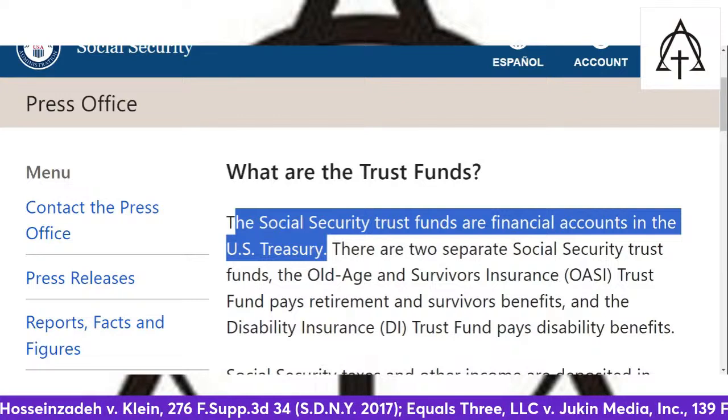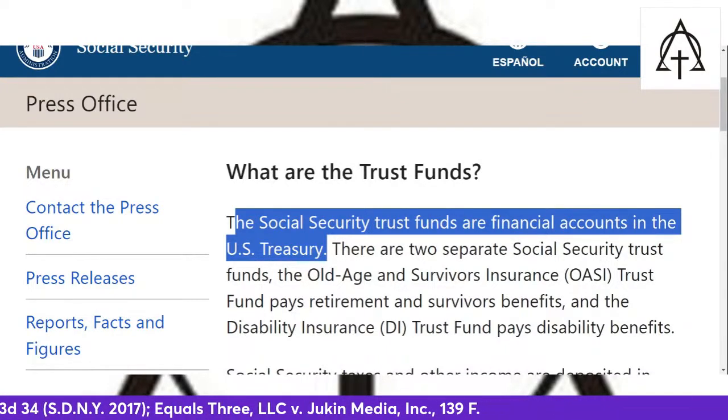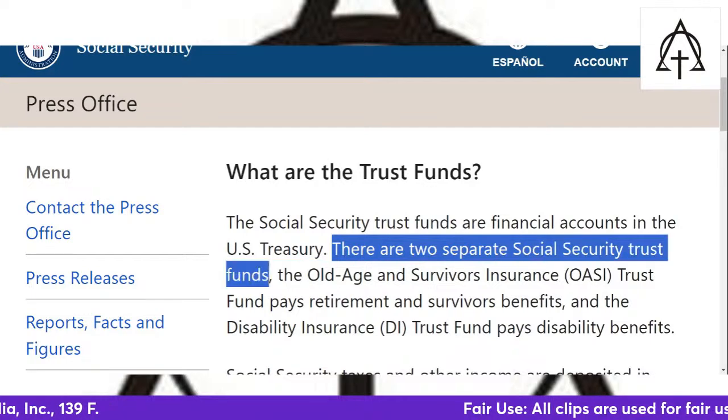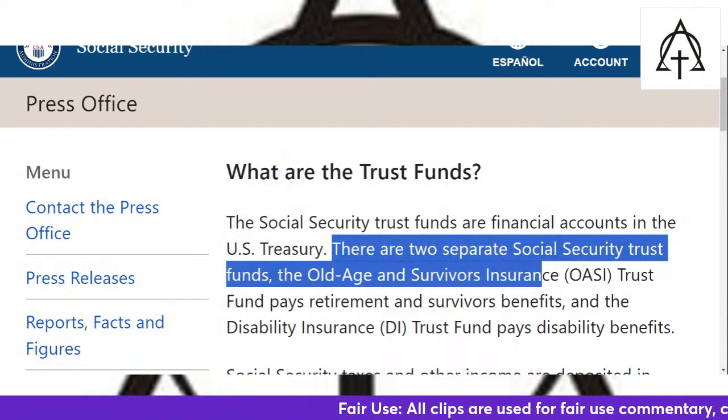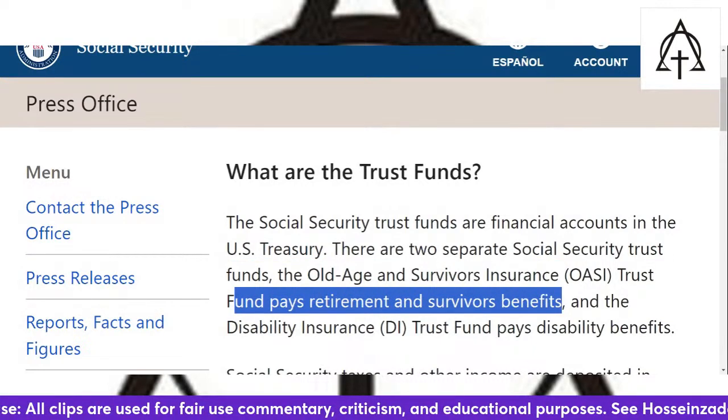Again, through enumeration at birth, you are considered a Medicare qualified government employee at birth, folks. There are two separate Social Security trust funds, the Old Age and Survivors Insurance, OASI Trust Fund pays retirement and survivors benefits.